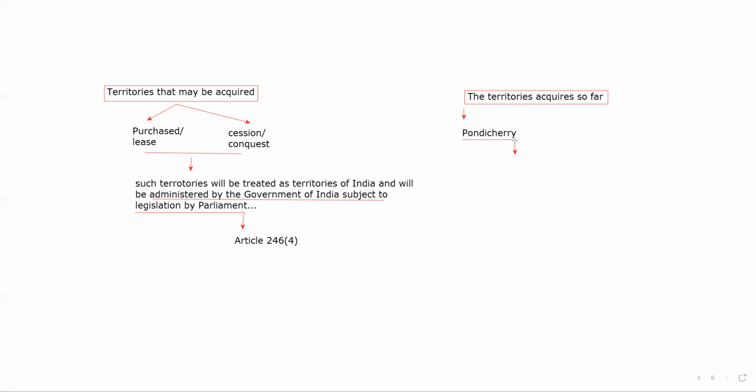So basically, there are 4 districts of Pondicherry. Two districts are on the western coast, towards Kerala, and 2 are on the eastern coast. One is Pondicherry, one is Yanam, one is Mahe, and one is Karaikal.